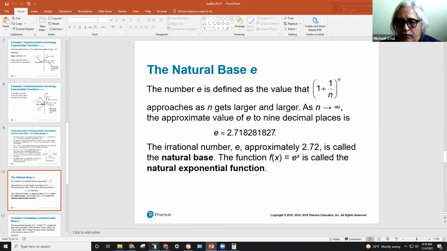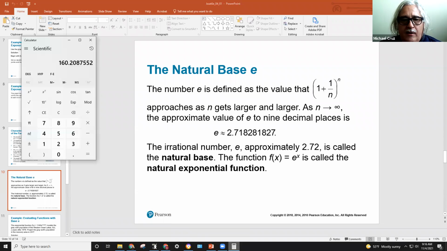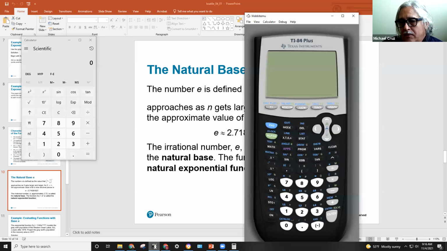Like, for example, let's see, does this calculator have one? I know it does, but I'll just show you on this. I think this other one's got it.